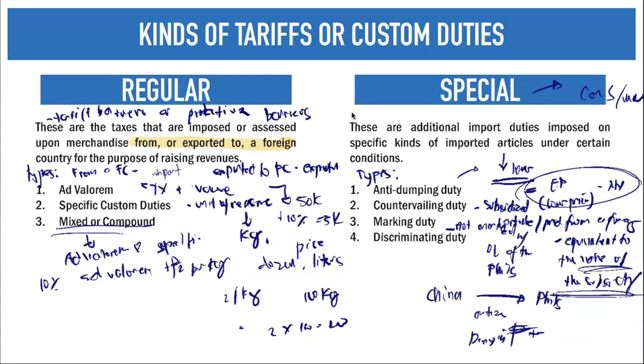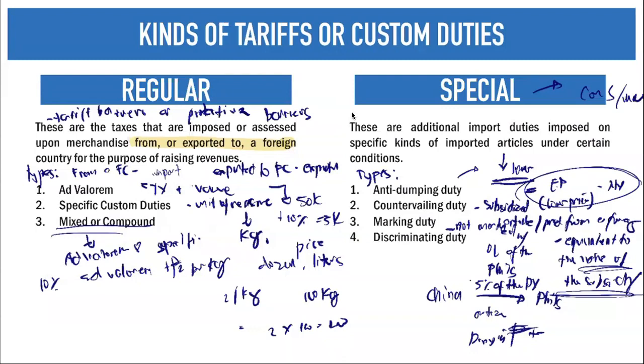So there is a special duty, a marking duty. So what is the amount of the marking duty? If the anti-dumping duty is equal to EP less NV, and countervailing duty is the amount of the subsidy, marking duty is equal to 5% of the dutiable value. 5% of the dutiable value, that's for marking duty.